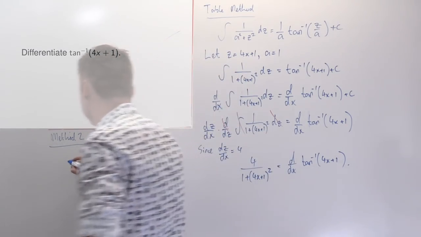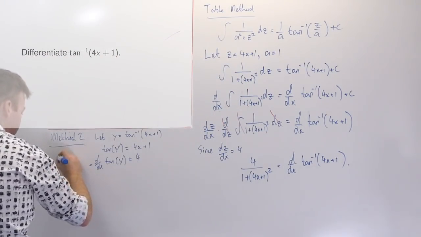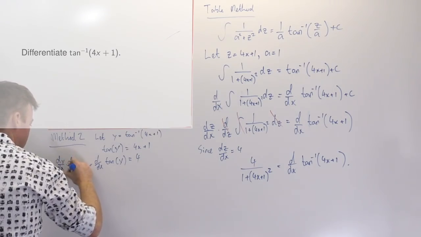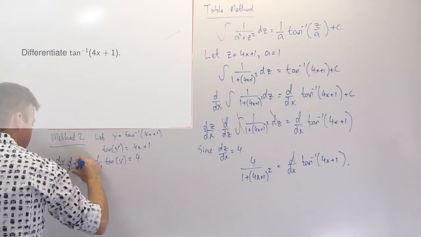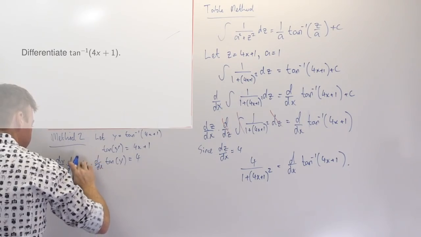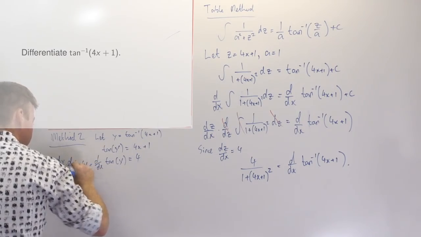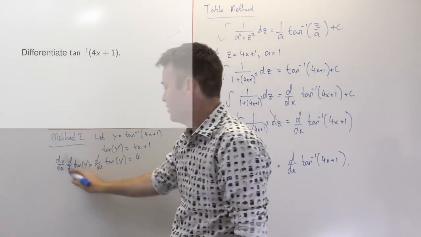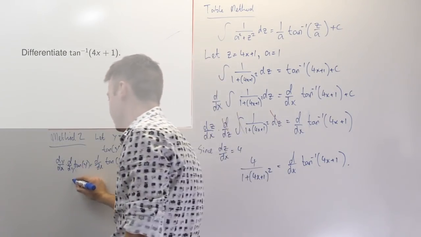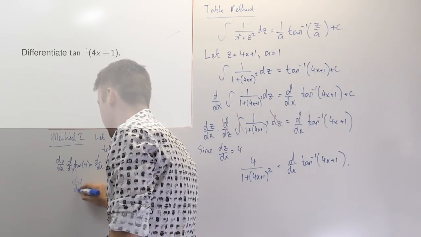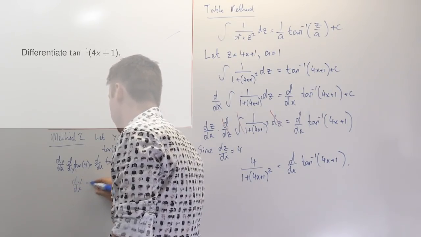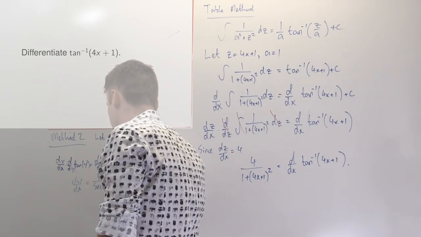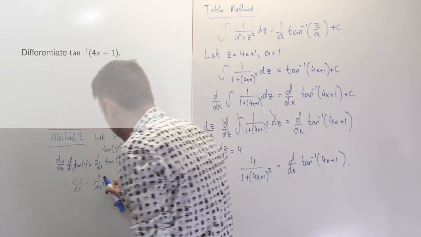This one can be equal to dy dx times d dy of tan y. And this is just sec squared. So I pick up a dy dx times sec squared of y, which I'll bring on the bottom here.